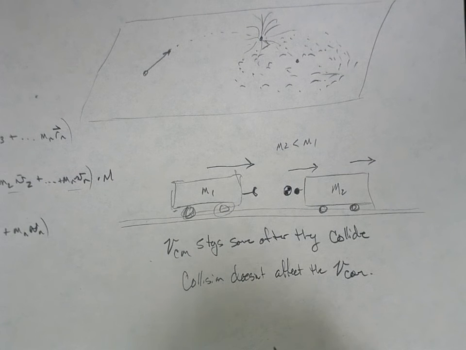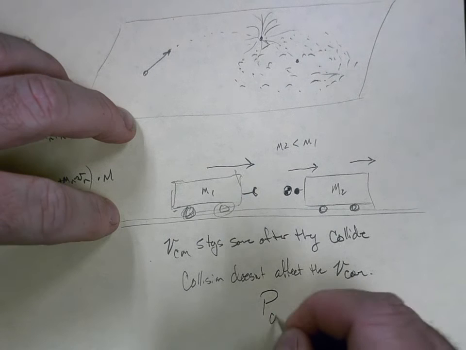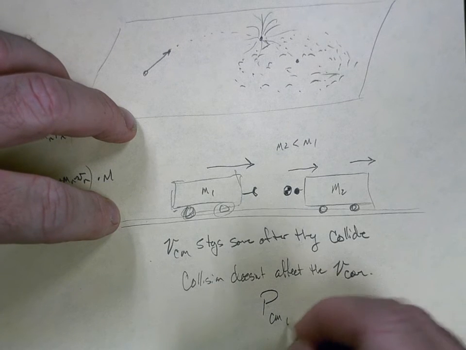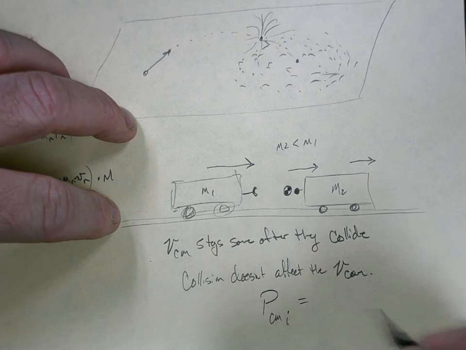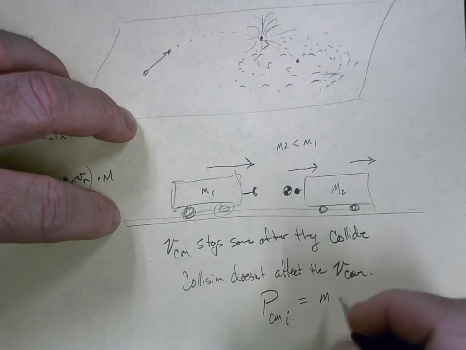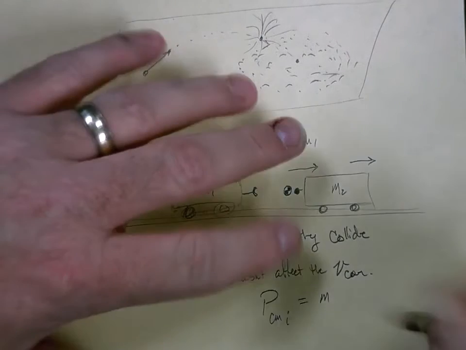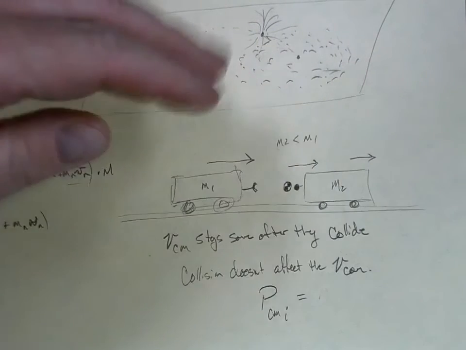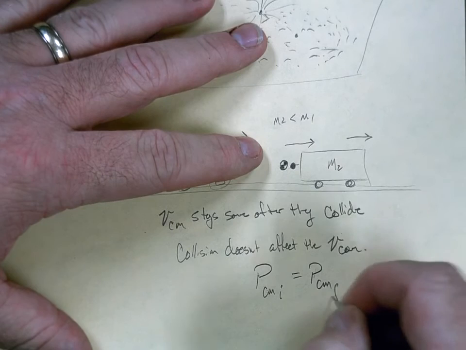So what we get is the momentum of the center of mass initial is equal to the momentum of the center of mass final after they collide.